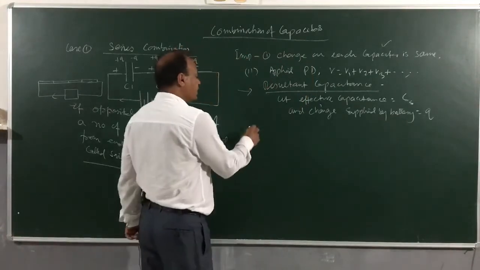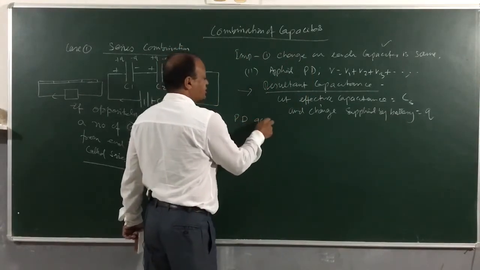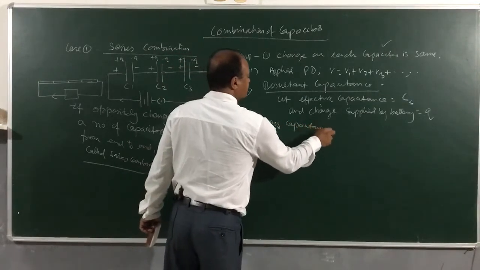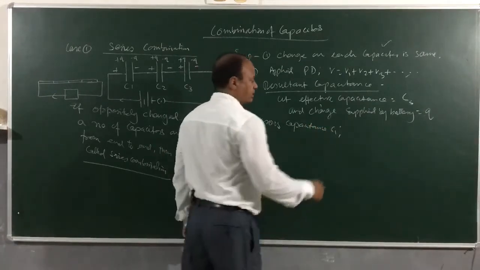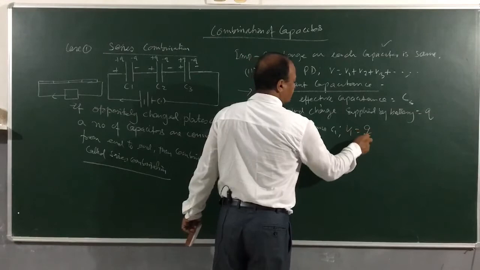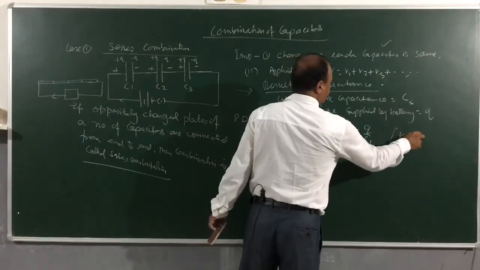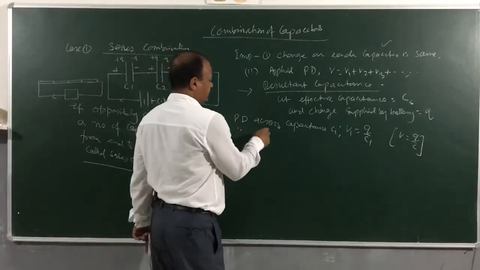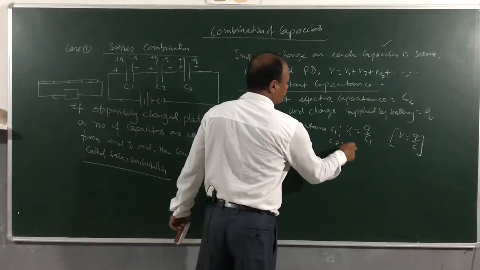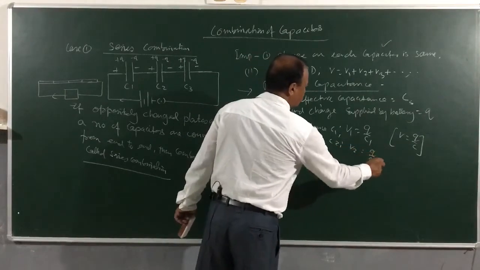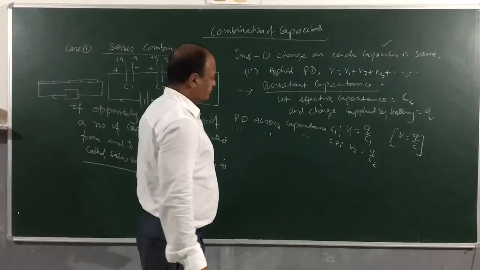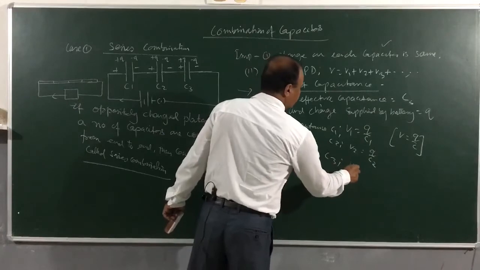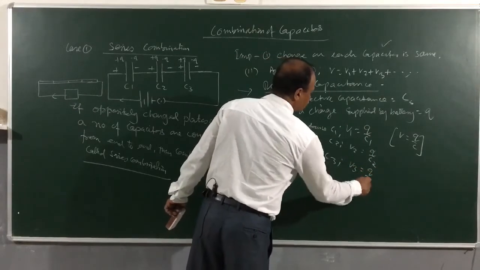Now, PD across capacitance C1 will be V1 is equal to Q by C1, because you know the formula already, V is equal to Q by C. Similarly, PD across capacitance C2, that is V2, is equal to Q by C2, and PD across the capacitor having capacitance C3, V3, is equal to Q by C3.